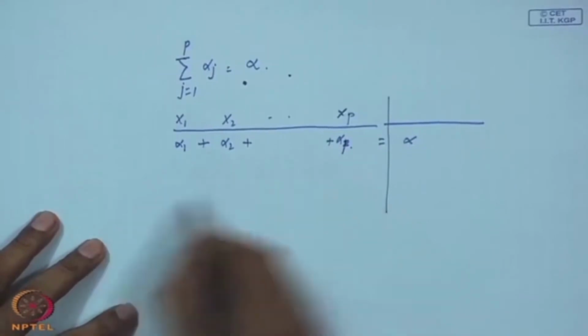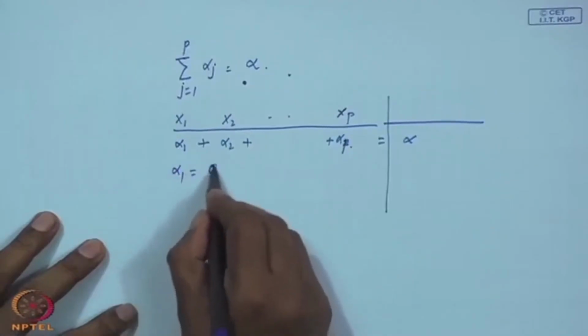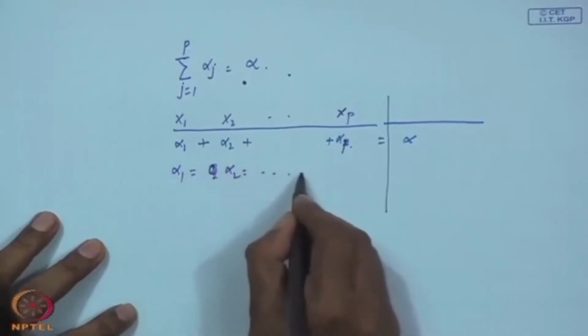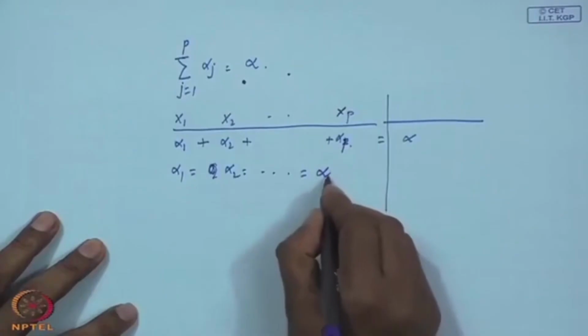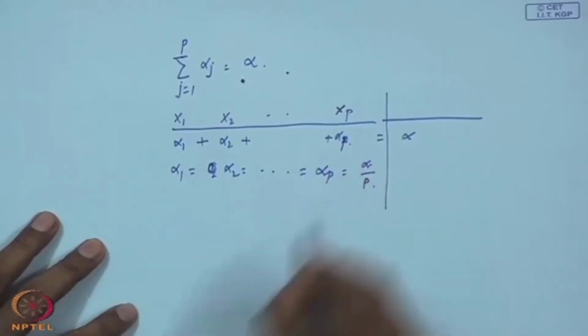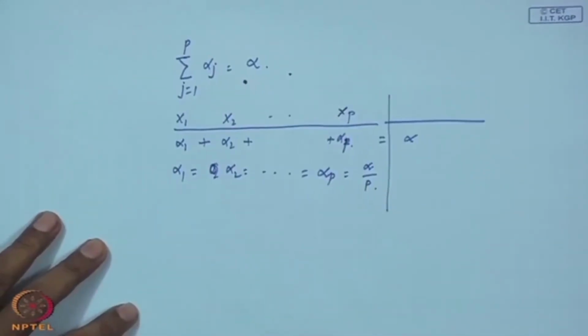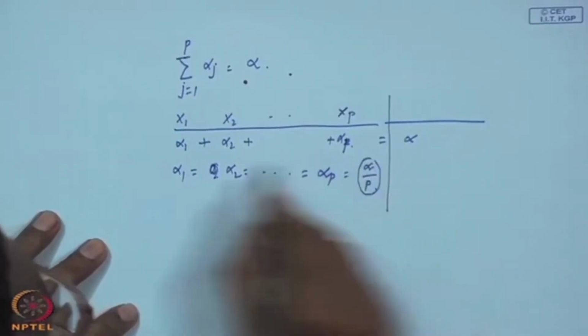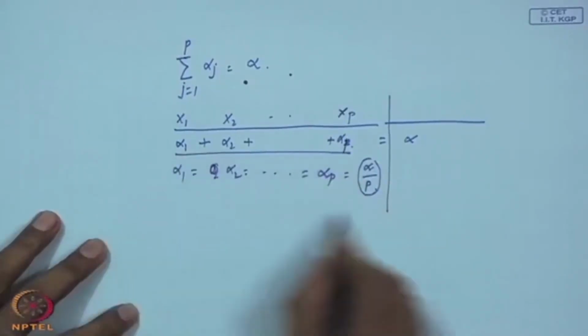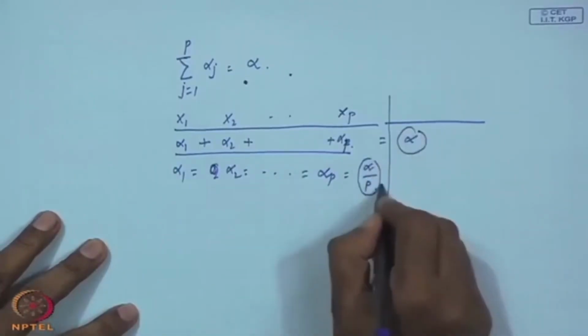If you give all variables equal weights, then this will be alpha by p. Getting me? If you give equal weight to each of the variables, so there are p variables, your total should be alpha, so you will be getting alpha by p.